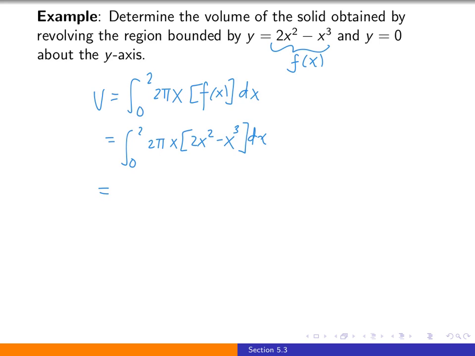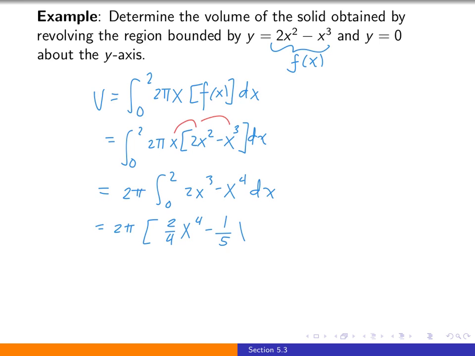2 pi is a constant that pulls out front. If we take the x and distribute it through to each term, we are going to be integrating 2x cubed minus x to the fourth. Anti-differentiating term by term, we are going to have 2/4 x to the fourth minus 1/5 x to the fifth, from 0 to 2.